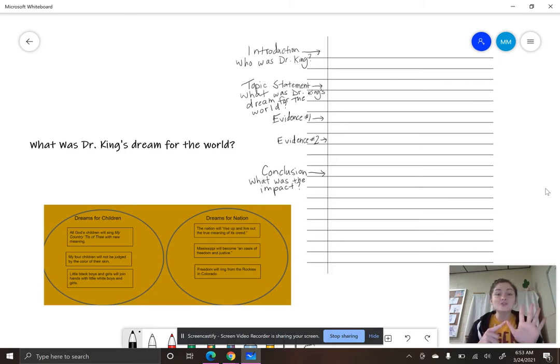You are going to need an introduction, a topic statement, 2 sentences of evidence, and a conclusion. Now, we are answering the question, what was Dr. King's dream for the world? Look really closely at what I have written over on my paper. I have made lines where I need to write my introduction, my topic statement, my evidence sentence 1, my evidence sentence 2, and my conclusion.